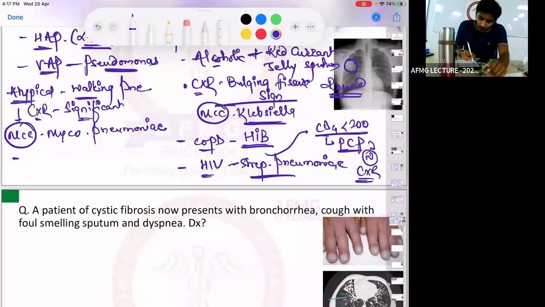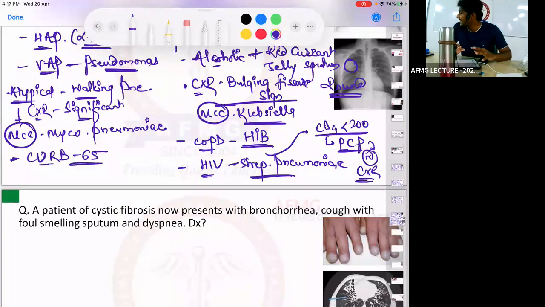Then which is the score for Pneumocystis jirovecii pneumonia? CURB-65. Sorry, Pneumocystis nahi, for all types of pneumonia the score is CURB-65. C for confusion, U for blood urea nitrogen, if it is elevated, R for respiratory rate, if it is more than 30, okay, tachypnea.